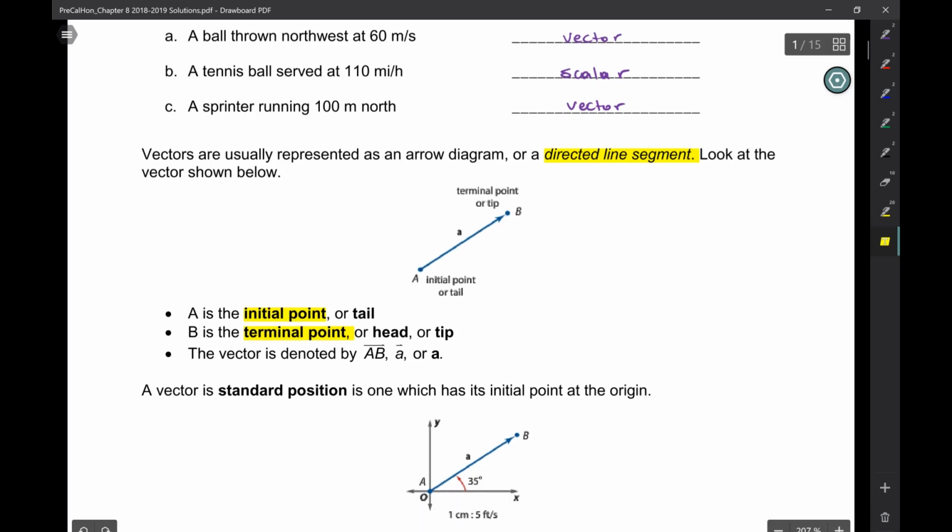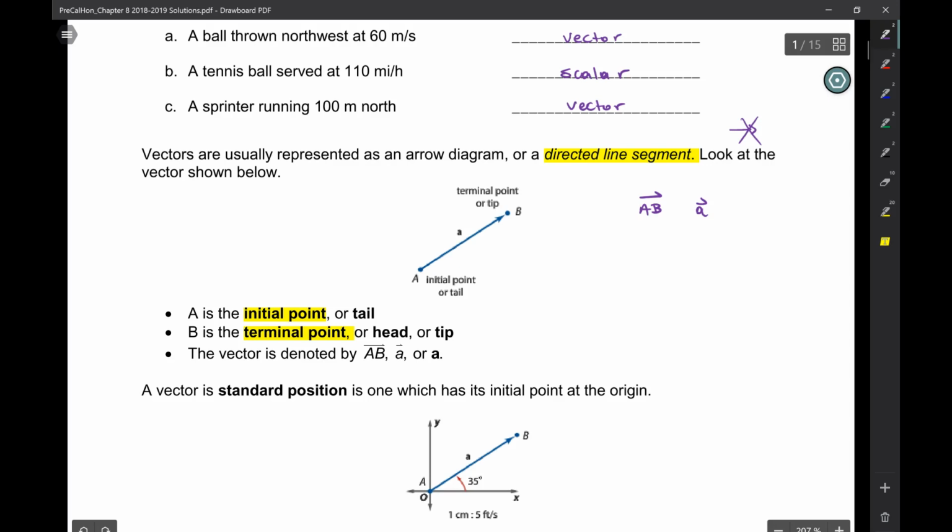Now, this is how we denote vectors. When we're writing it by hand, it's capital A, capital B, and then on top, this is a new symbol, a one-sided arrow like that. Not like in geometry, not like this. Or you could do vector a like that. Either or.